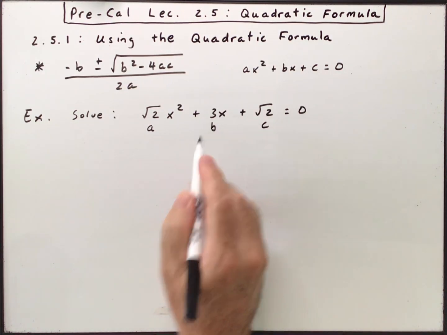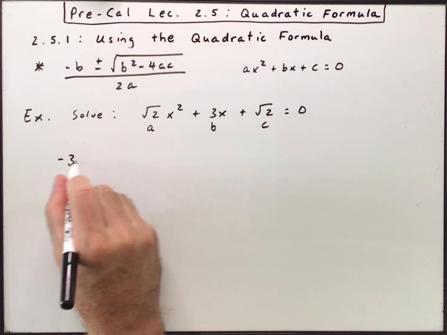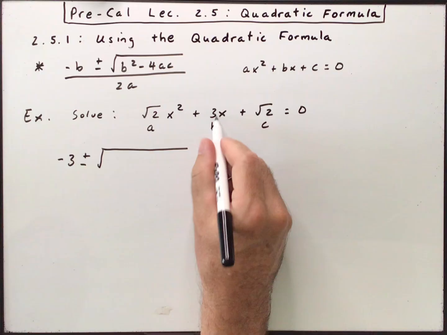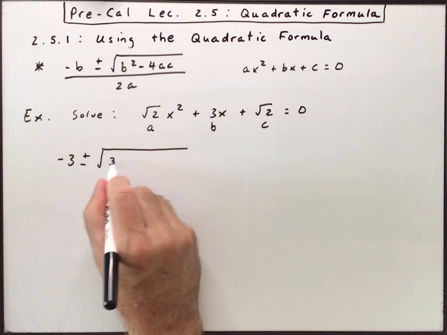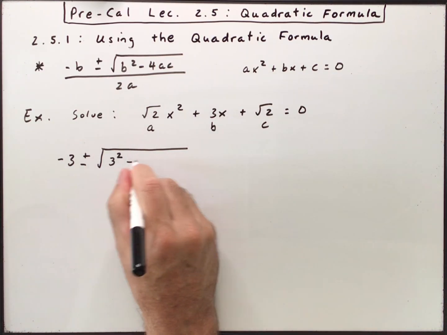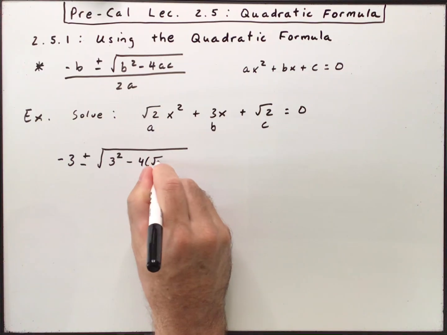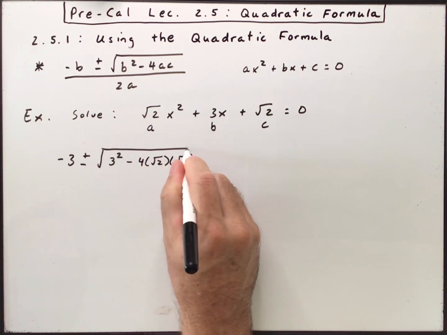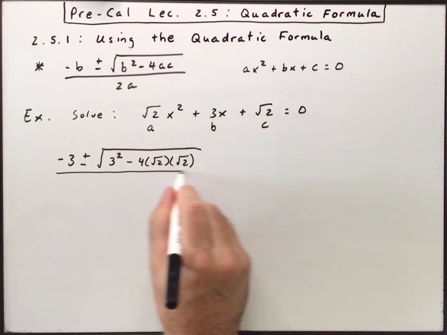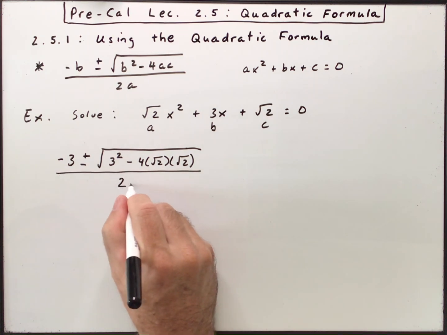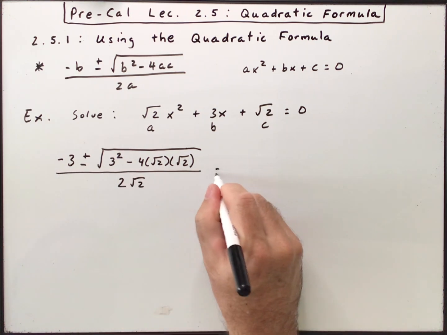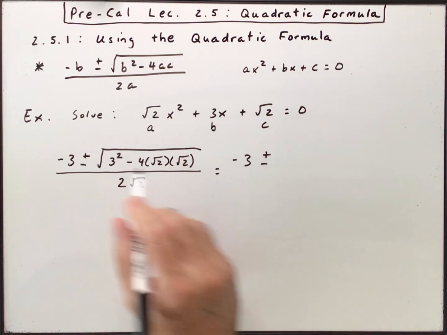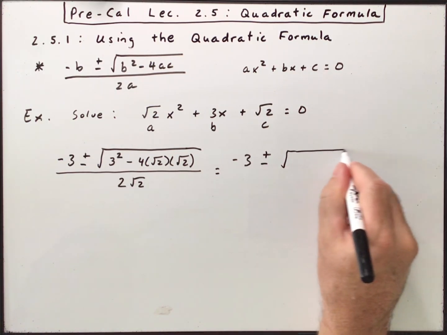So we have negative b, so that's negative 3, plus or minus the square root of b squared, so 3 squared, minus 4 times the square root of 2 times the square root of 2, that's a times c, all over 2a, so 2 times the square root of 2. So that's negative 3 plus or minus the square root.